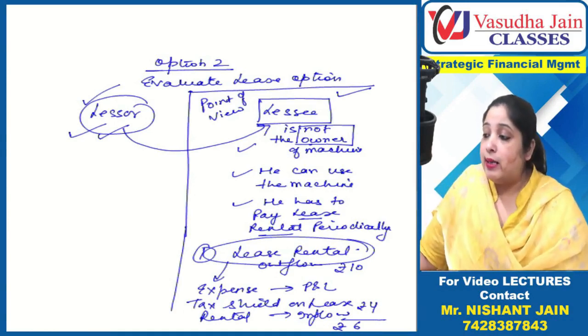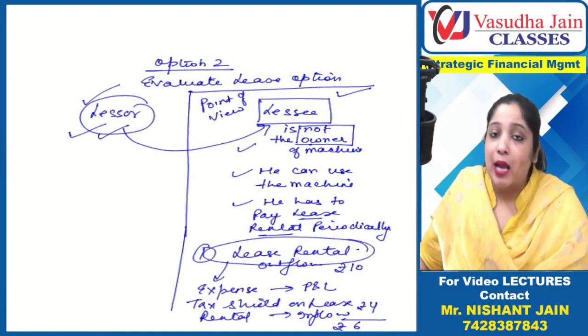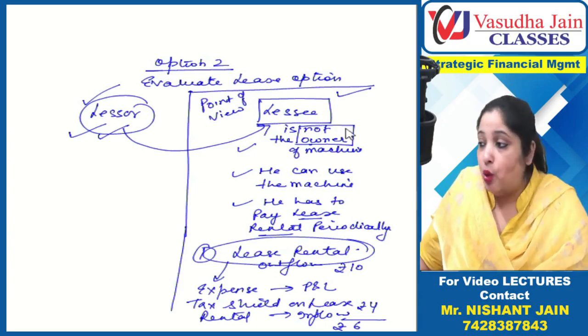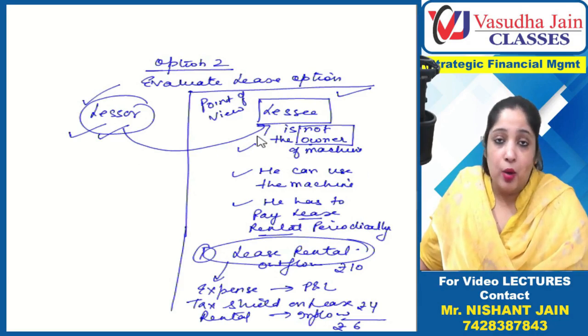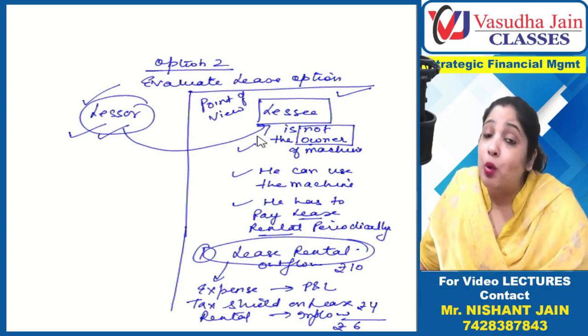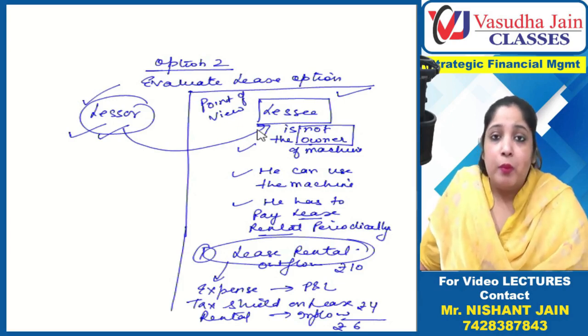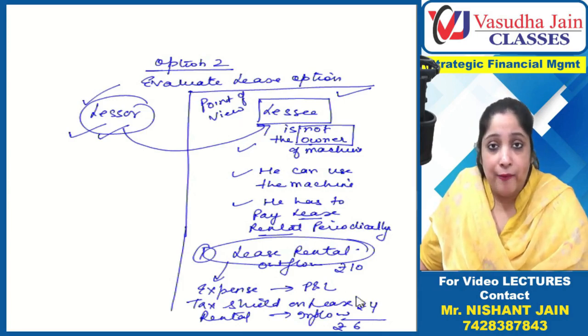Now the second part is, will the lessee be able to show depreciation in the P&L account? The answer is no. Depreciation can be claimed only by the owner, not by the lessee. So the lessee's depreciation claim cannot be taken into consideration. So there will be no tax shield because of depreciation. Is there any interest payment? No, because you have not borrowed any money. So only this will be the inflow and outflow.